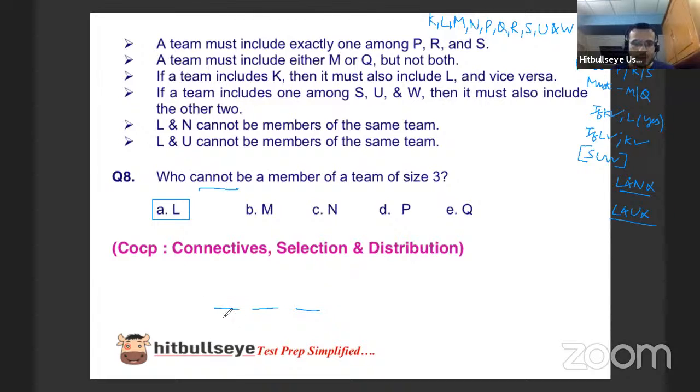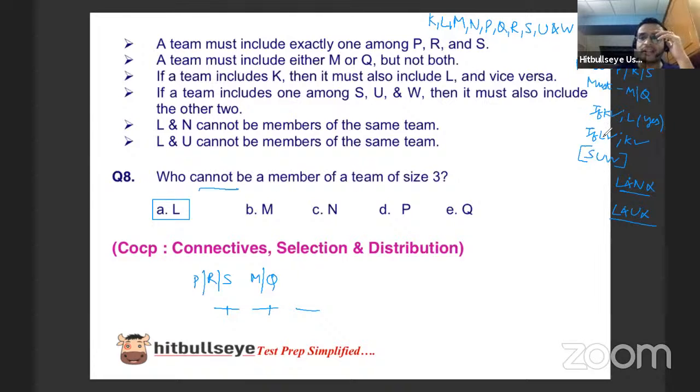So the first slot will be taken by either P or R or S. Second slot will be taken by either M or Q. So M is possible, N I'm not sure, P is again possible, Q is again possible, but L cannot be there. Why?